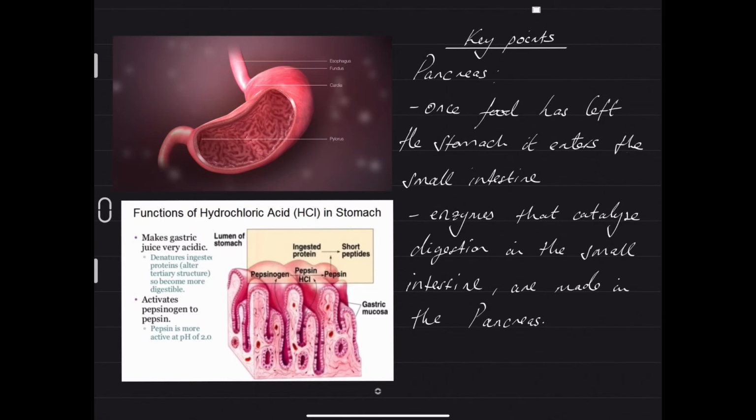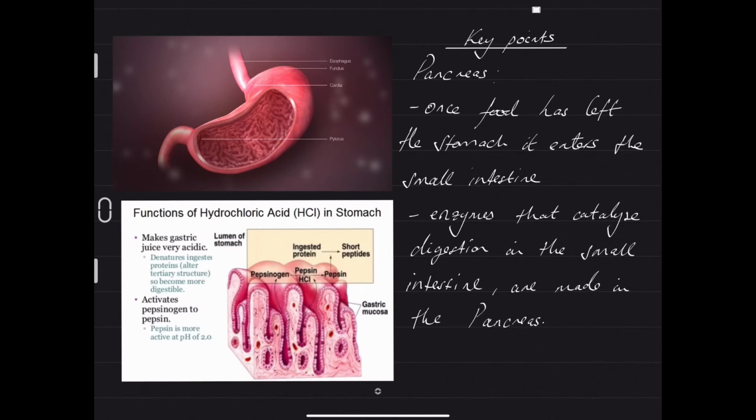So this is important, that you understand that once food leaves the stomach, it enters the small intestine, and pancreatic juices, which will include the enzymes secreted from the pancreas, will also go into the small intestine and help with digestion. Now, as I said, some enzymes are also made in the small intestine.